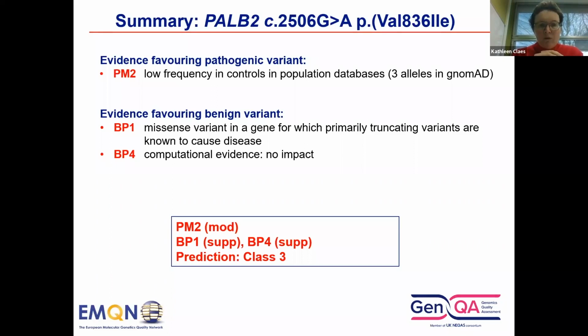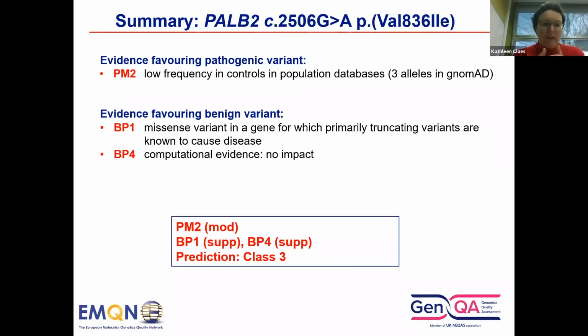But there was also evidence favoring it being a benign variant because here I dare to apply BP1: a missense variant in a gene for which primarily truncating variants are known to cause disease. The current evidence for missense variants being pathogenic in PALB2 is very limited. There are not many publications about that. I'm sure functional assays might change our view.